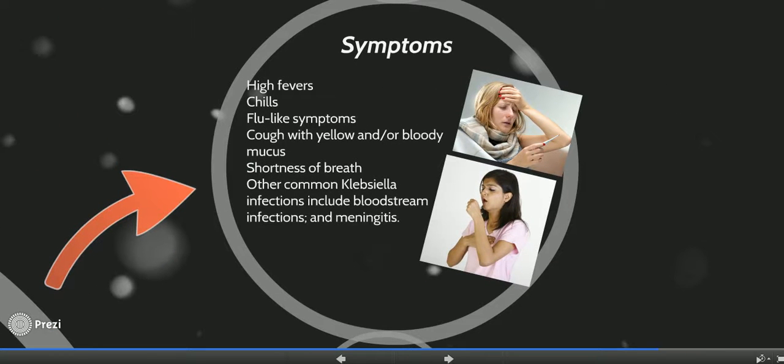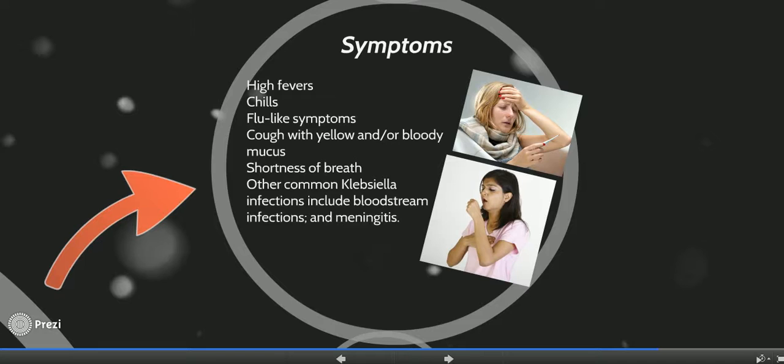Symptoms. The signs and symptoms of Klebsiella infections vary since Klebsiella bacteria can cause several different types of conditions. For example, community-acquired pneumonia is one common type of Klebsiella infection, which can lead to lung damage and even death in several cases.